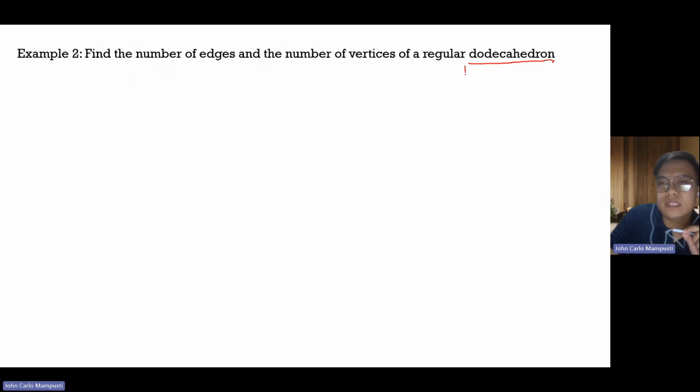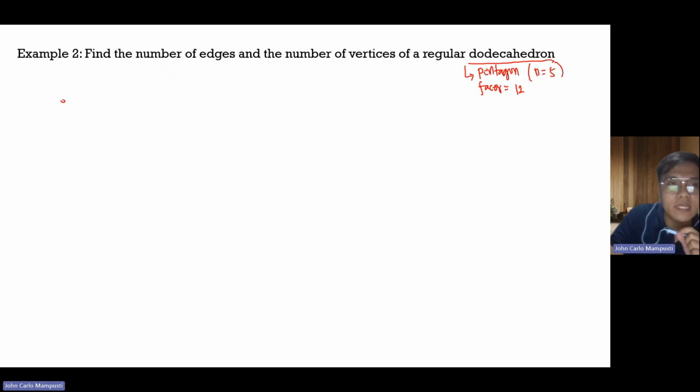So as you can see, dito, alam natin na pentagon to. At kapag pentagon, number of sides natin doon ay 5. At yung number of polygon or number of faces natin doon ay ilan? 12. 12 na polygon or 12 na faces.